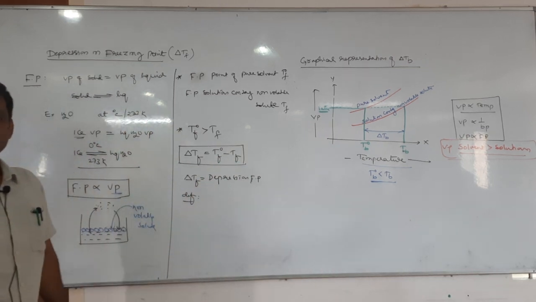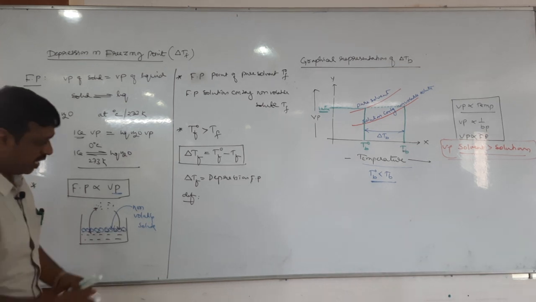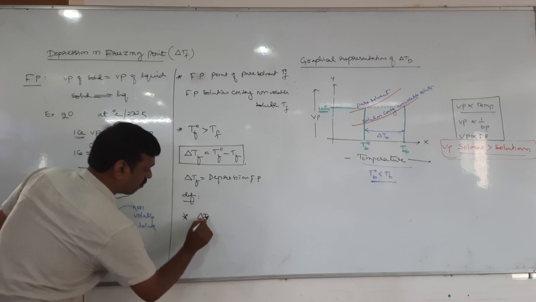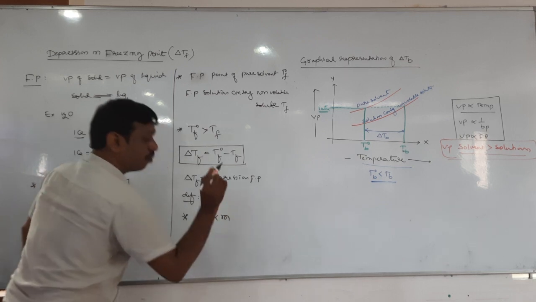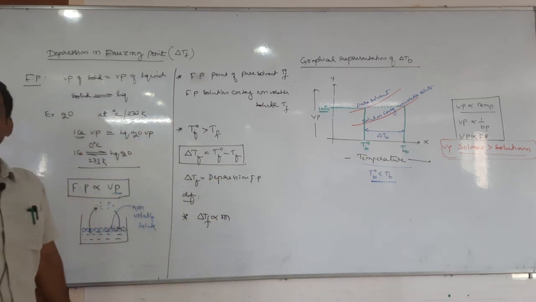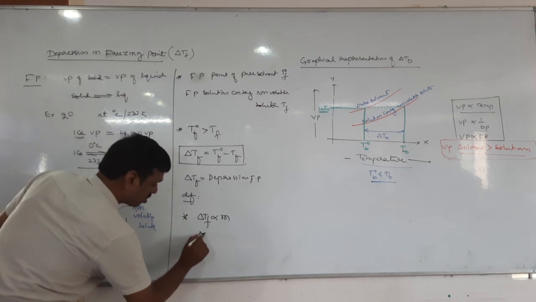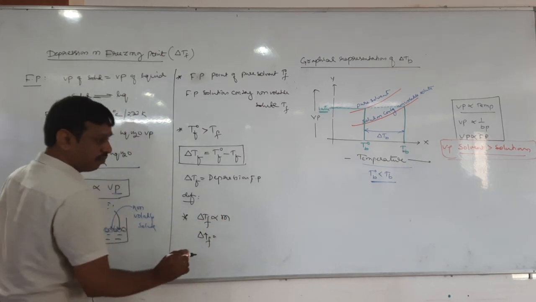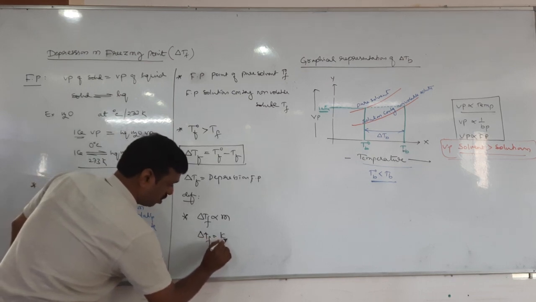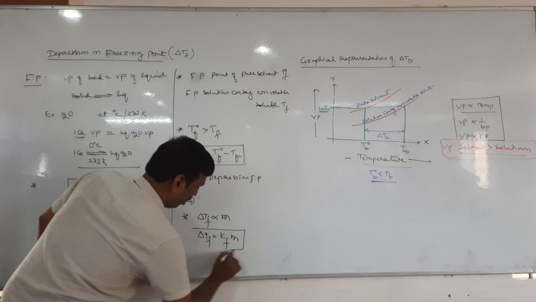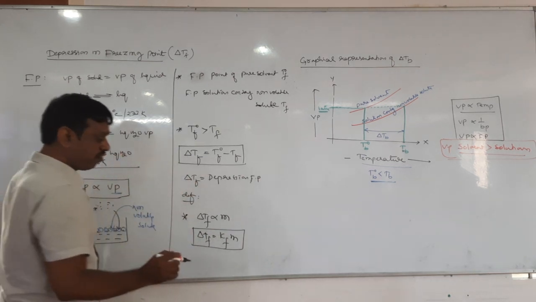Next, from the experimental data, it is clear that delta Tf is also directly proportional to molality, not molarity, small m, molality. Then you can equate delta Tf with m, multiplying with a constant Kf. Therefore, delta Tf equals Kf into m.